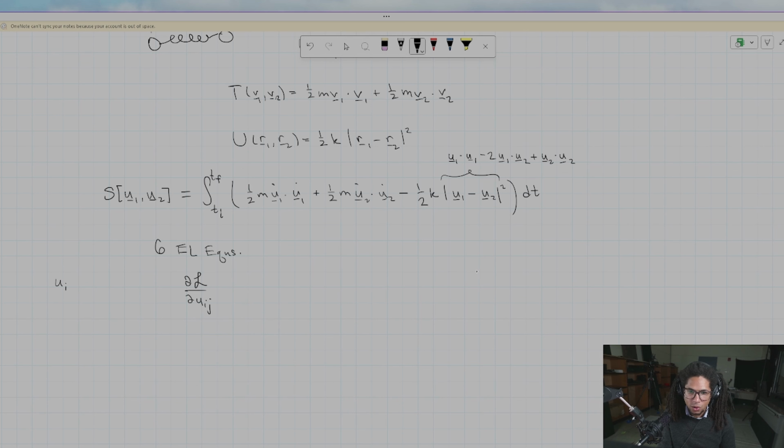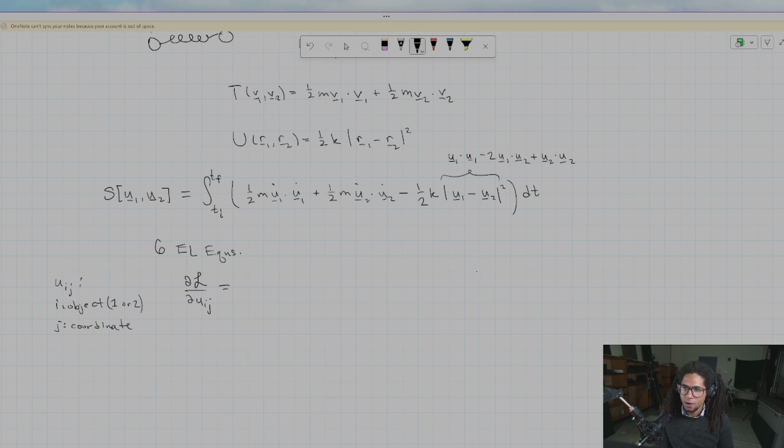So in u_ij, i is the object, 1 or 2, and j is the coordinate. All right, so this derivative is only going to know about this term here.